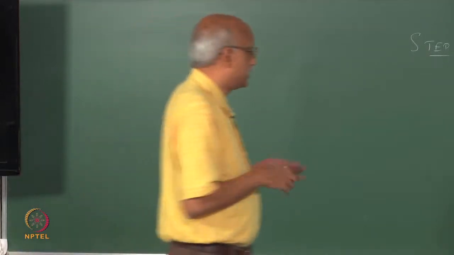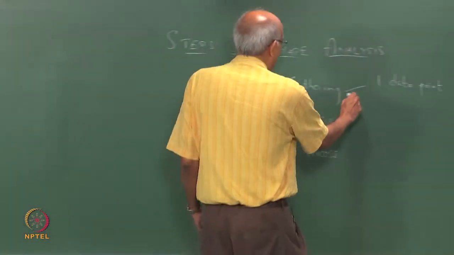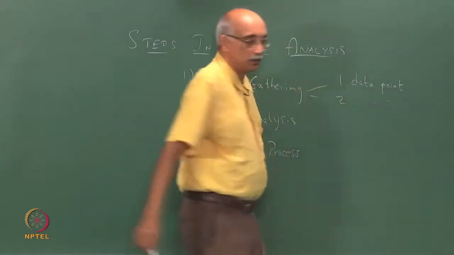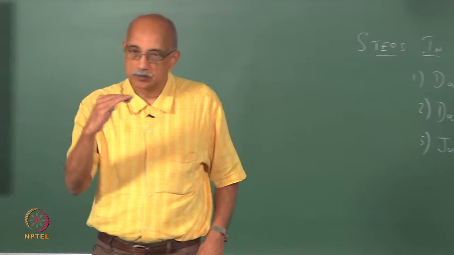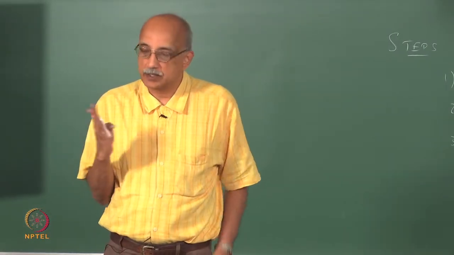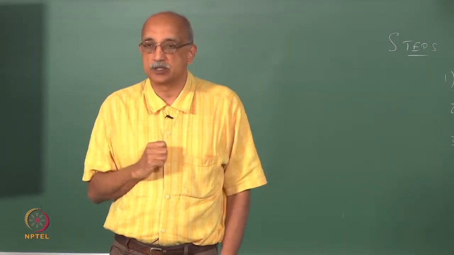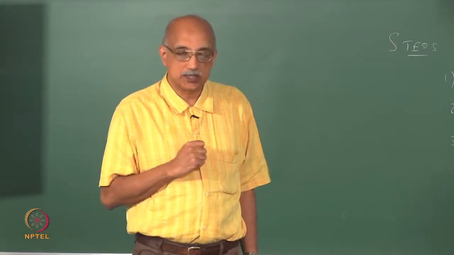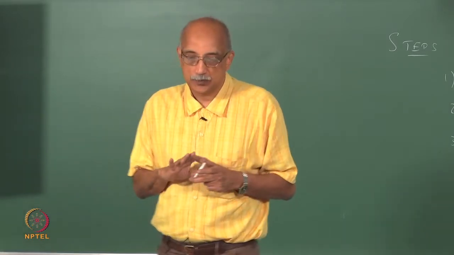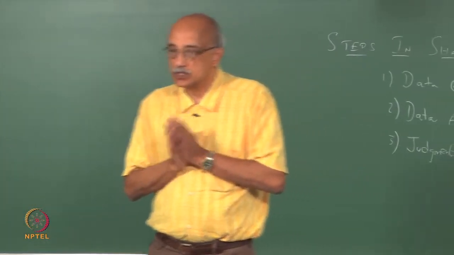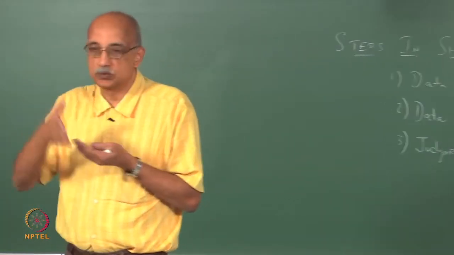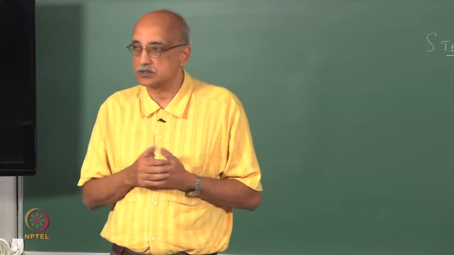Now, the more sophisticated variant on that is to take 2 data points, where you take say one primary dimension and then you take another dimension that is perpendicular to it, right. So, you represent the shape of the particle as that of a 2-dimensional object, which is characterized by these 2 dimensions in orthogonal directions.